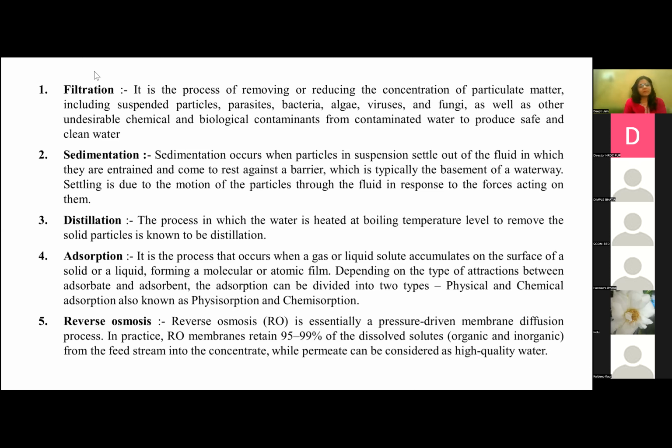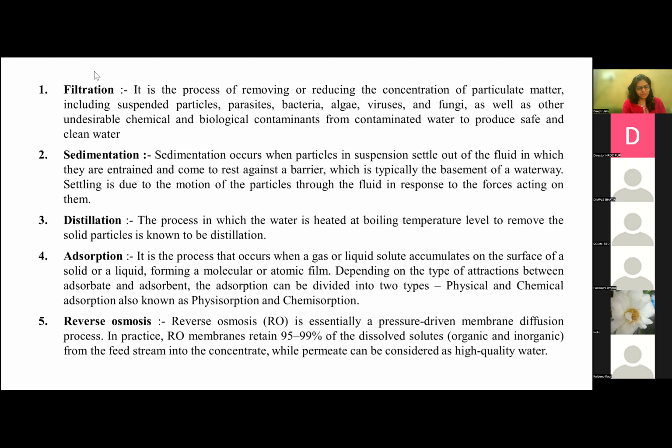Okay. So I think RO is removing most of the important minerals from water, which are required for our body. Because of that, nowadays doctors have started suggesting not to use water which has a very low TDS value.